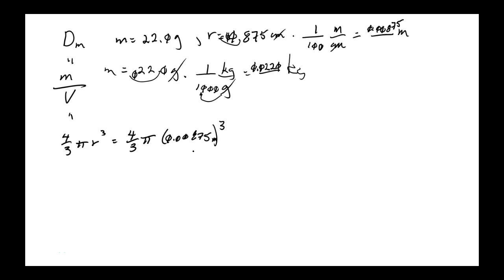And if you thought 0.00875 was a small number, what happens when you cube it? It gets even smaller. Anyone got a calculator? I'm guessing it'll give it to you in scientific notation.